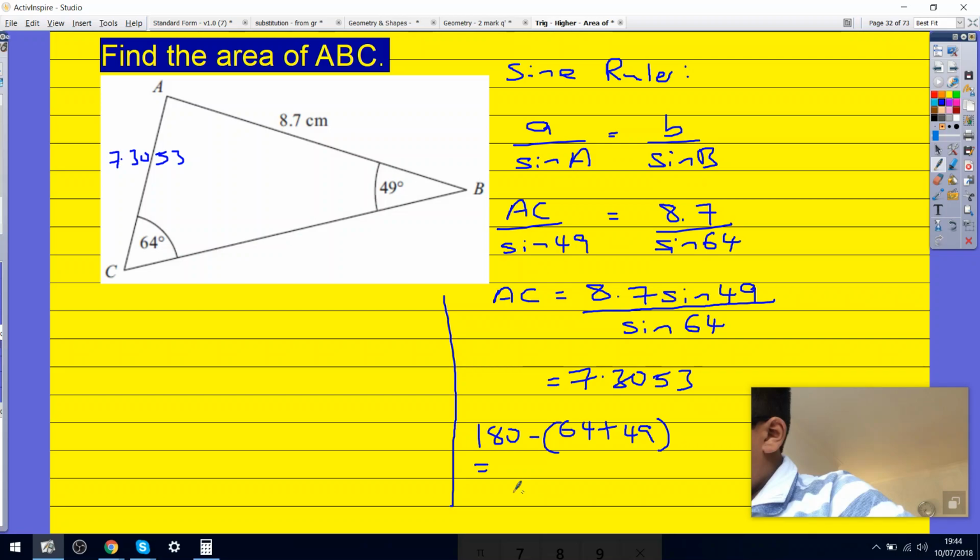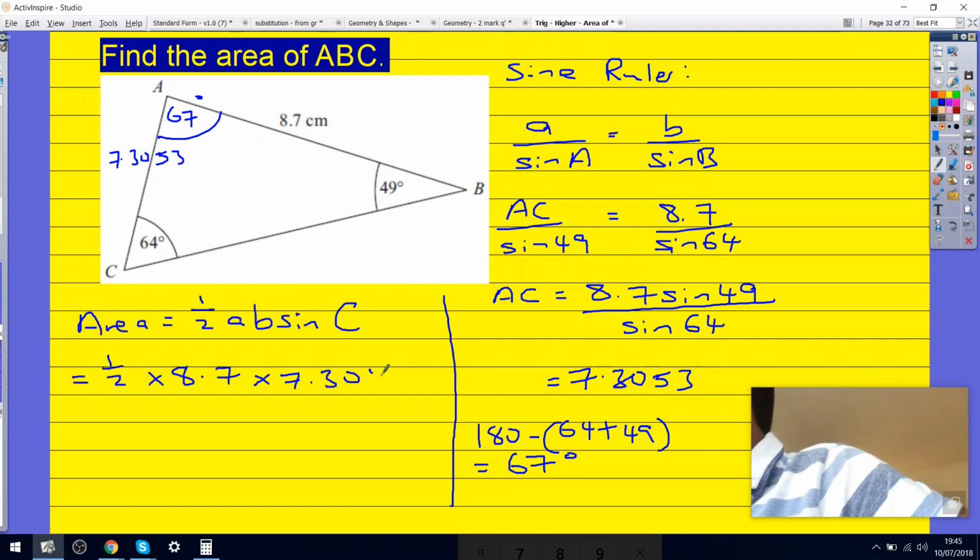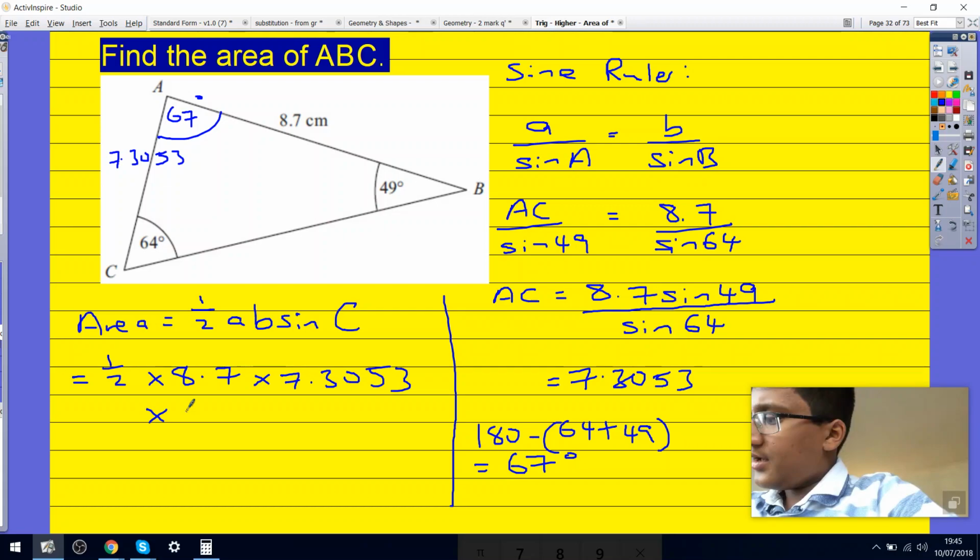So then we can have half AB sine C, which equals a half times 8.7 times 7.3053 times sine 67.